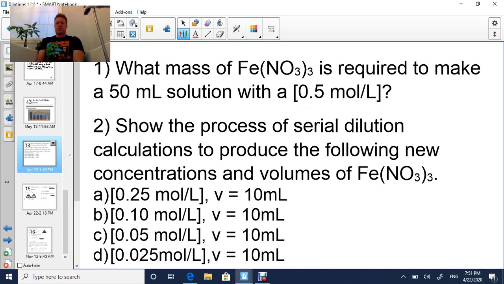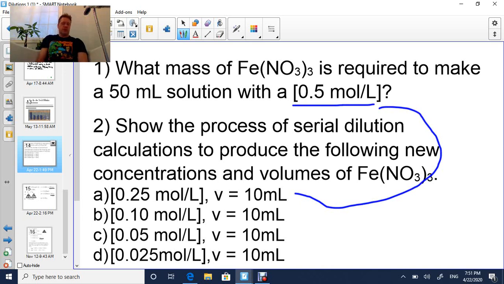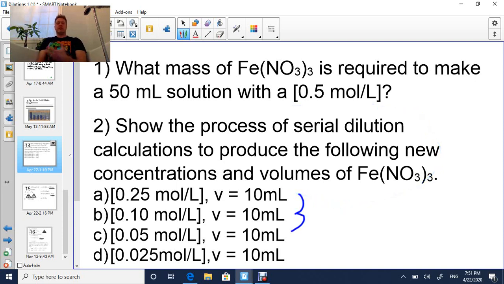Okay, so that means we're going to have to calculate the mass of the iron(III) nitrate. After that, you're going to use the solution we make here and dilute it to that concentration. And then once you dilute that one and make it, then you dilute to this one. And then you use this one to make that one, and so on. So you can see how it's a serial dilution because you're doing one after the other after the other.